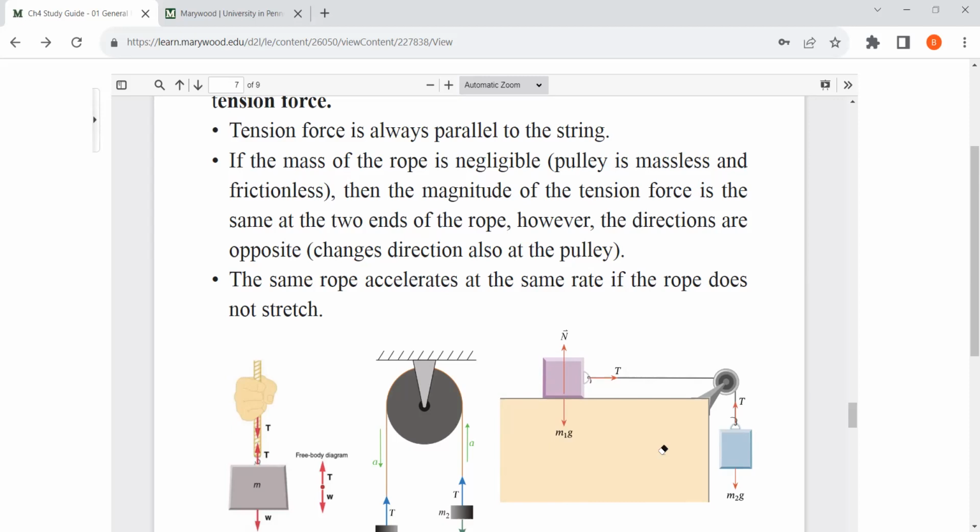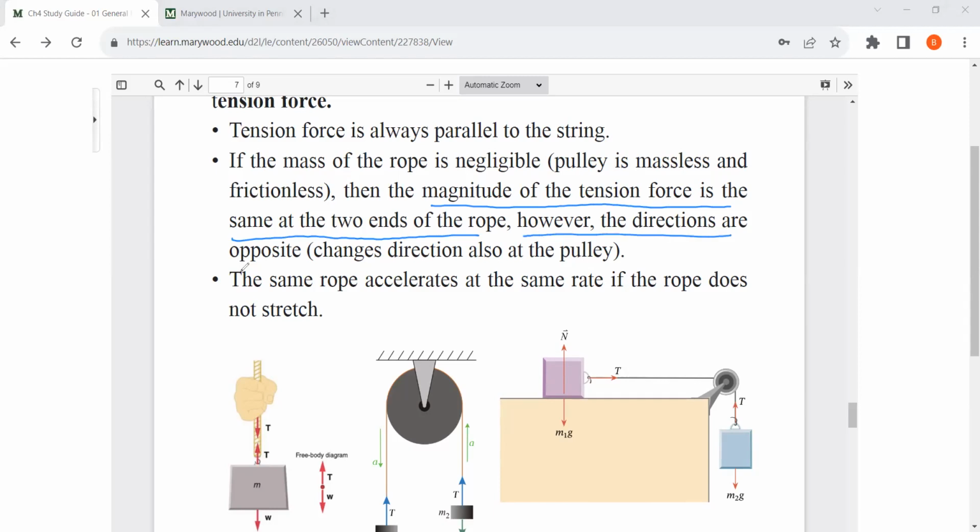Then the magnitude of the tension force is the same at the two ends of the rope.